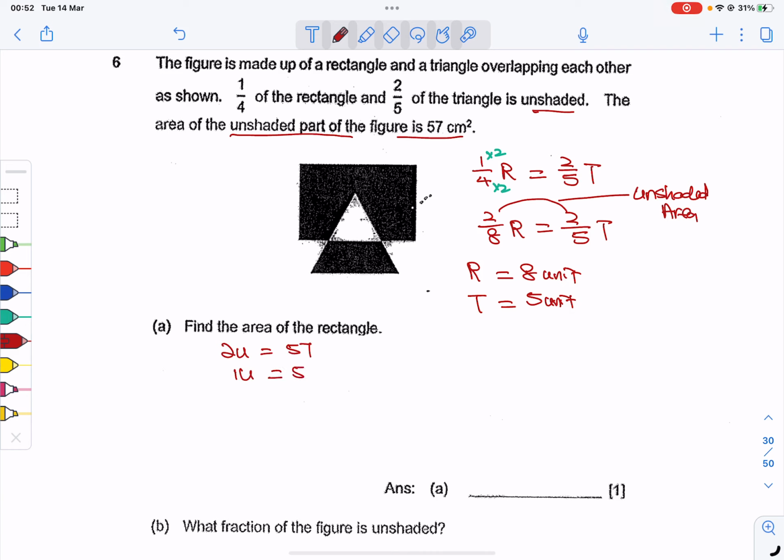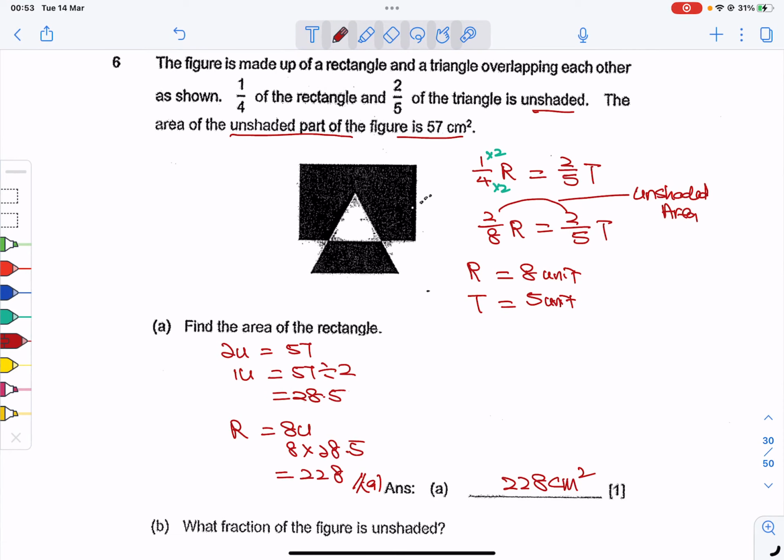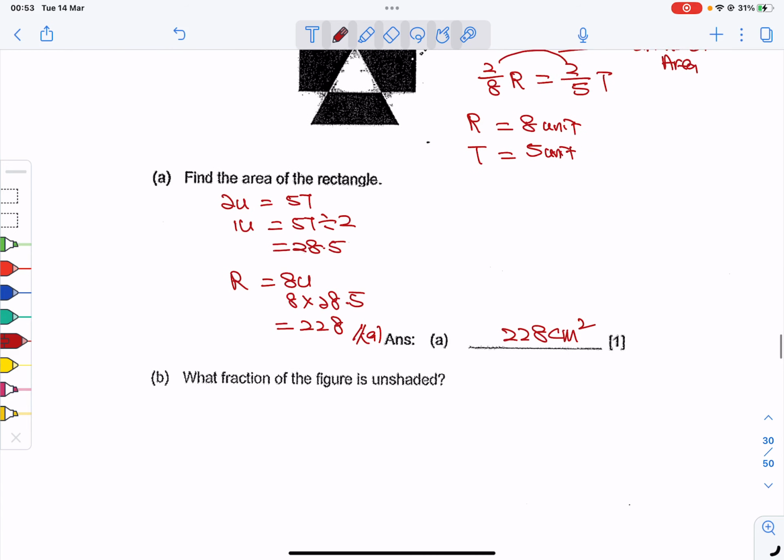So 1 unit is 57 divided by 2, which is 28.5. Rectangle is 8 units, so 8 times 28.5, we will have 228 as answer for A. Answer of A is 228 cm square, because this is area. Next, what fraction of the figure is unshaded?